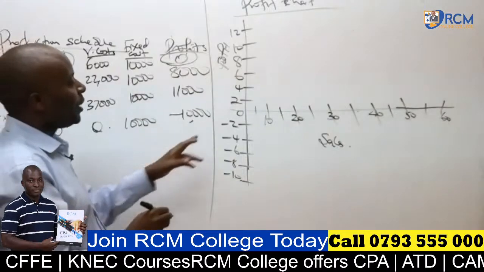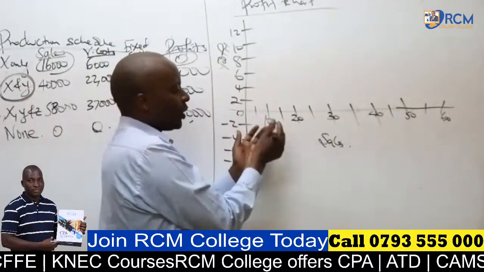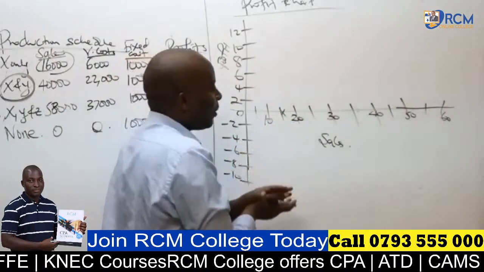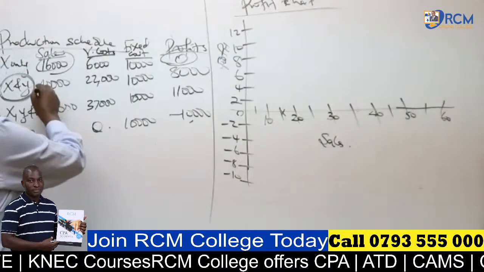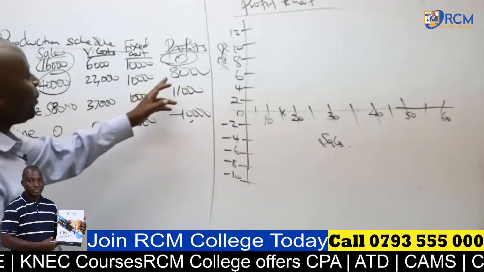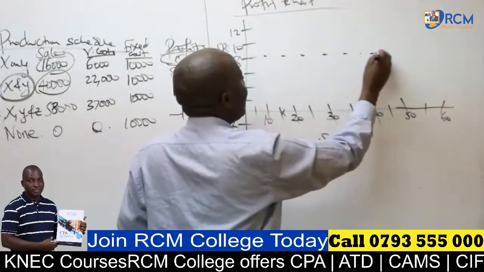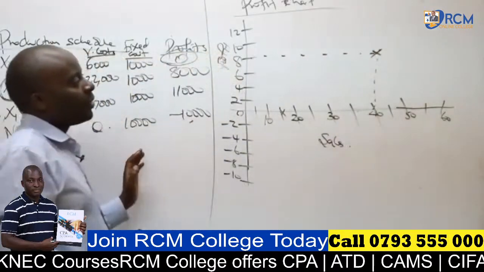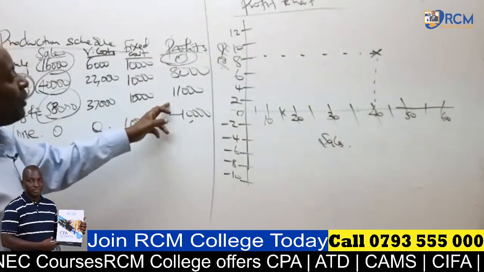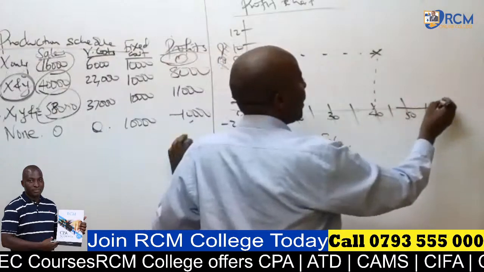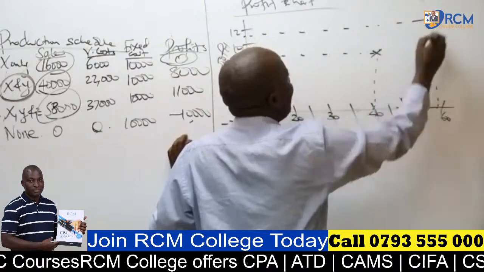I'm just guessing, just around here, 16. That's point number 1. Point number 2: when sales is 40,000, profit is 8, so put a mark there. Then when sales is 58, profit is 11. 58 is quite close to 60, so put 11 at the middle there and put a mark.